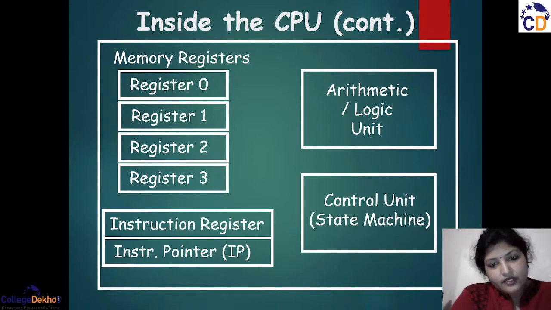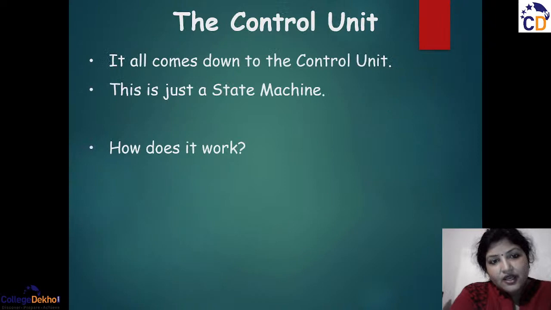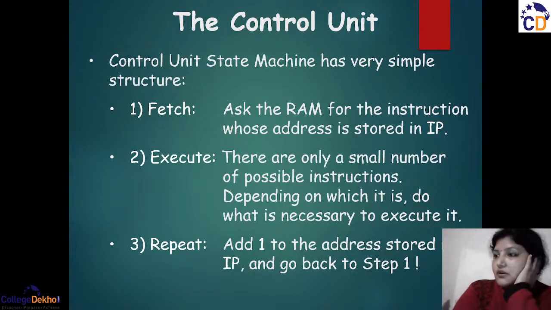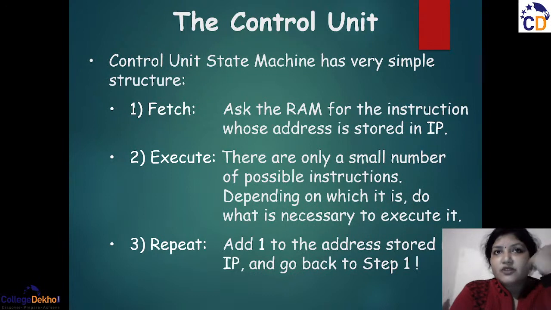Then control unit, control state machine, which has its own working. So control unit is a very simple state machine, which performs various functions like fetching the data or loading the data or adding the data, or if any interrupt occurs, then also it is handled by this only, that is control unit, right?